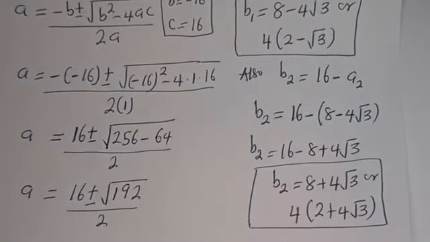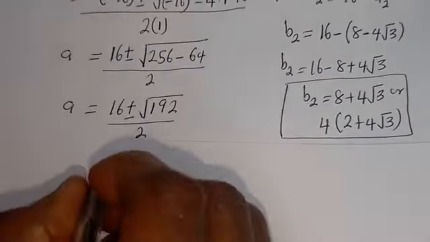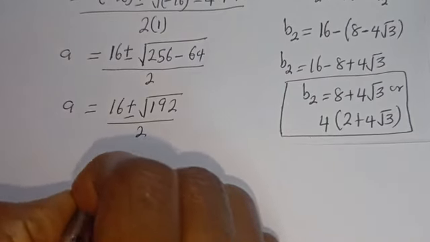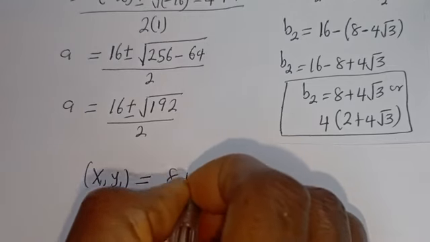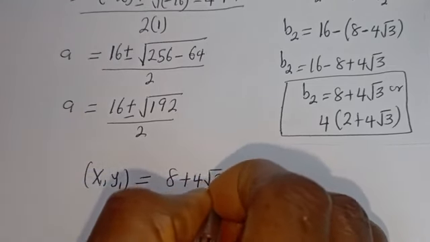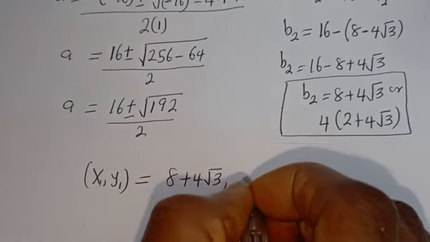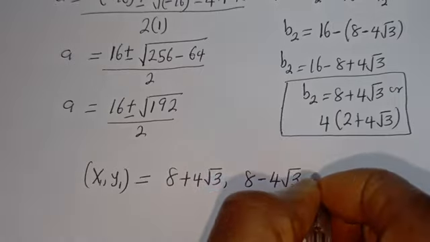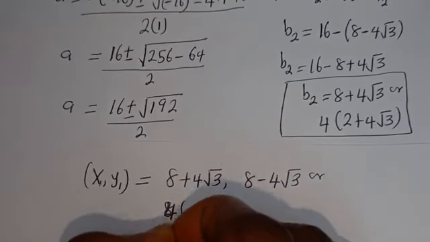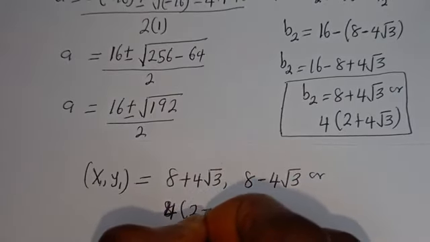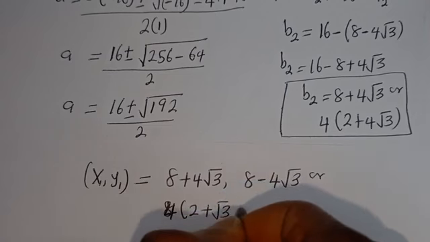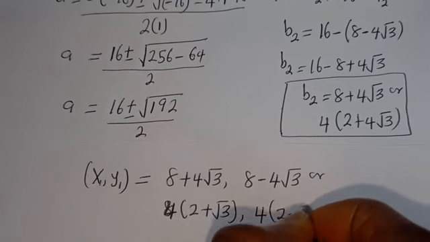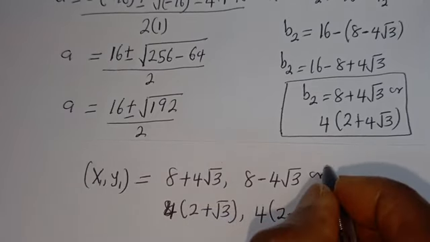Then, therefore, our final answers are: A1, B1 is equal to 8 plus 4 root 3, 8 minus 4 root 3, or 4 bracket 2 plus root 3, 4 bracket 2 minus root 3.